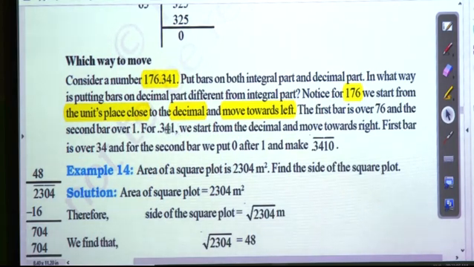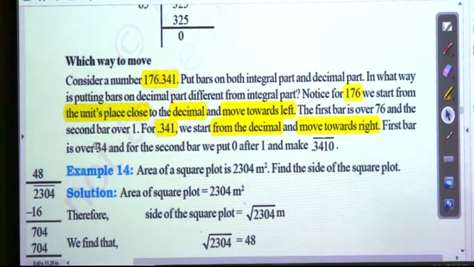What about 0.341? For 0.341, we start from the decimal point and move towards the right.